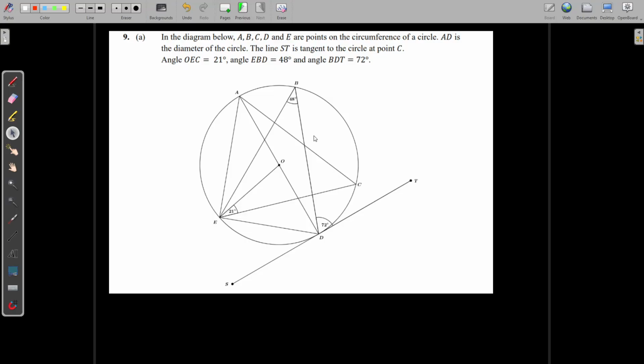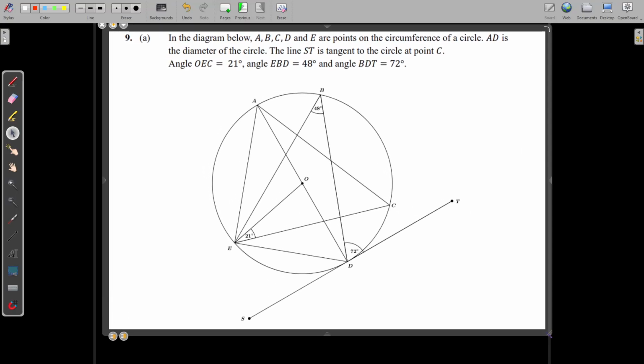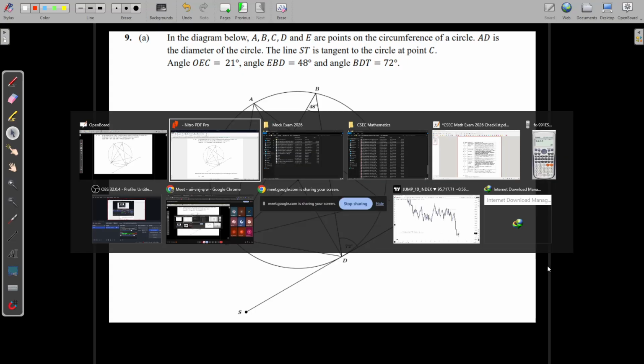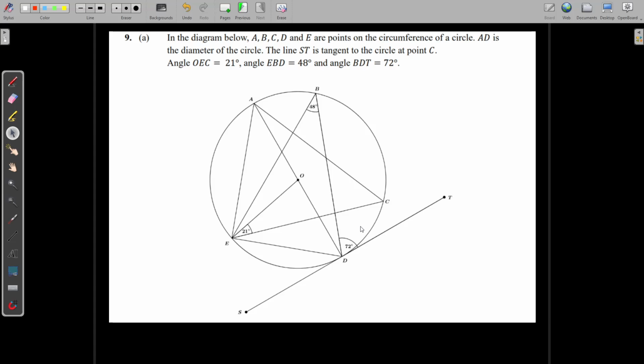Angle OEC equal 21. Angle EBD equal 48. And DBT equal 72. So they want us to find CED. So we're going to find CED. So down here, this is what they want us to find.